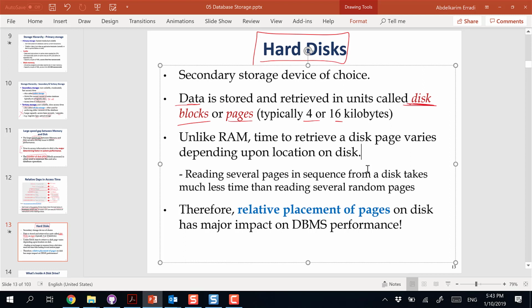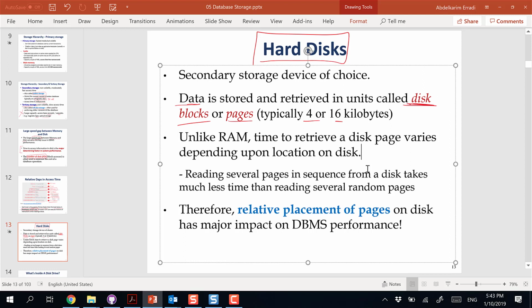So the hard disks are still more optimized for sequential reads. It will do a much better job if you ask it to read this block and then the block next to it and the block next to it. You will get much better performance than asking the hard disk to keep jumping from one sector to another to read your data.